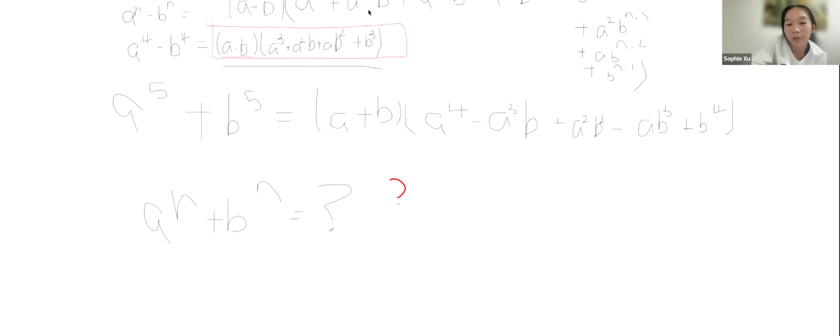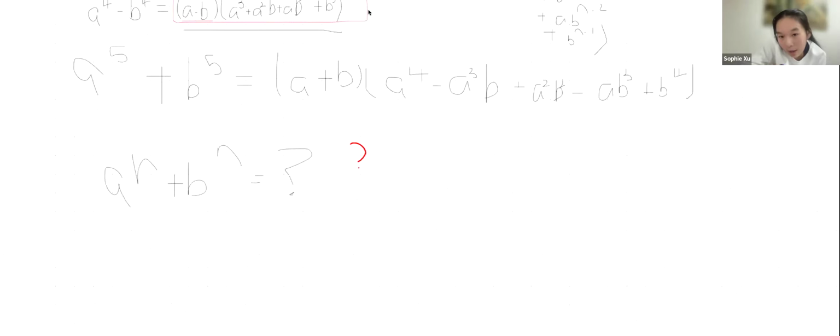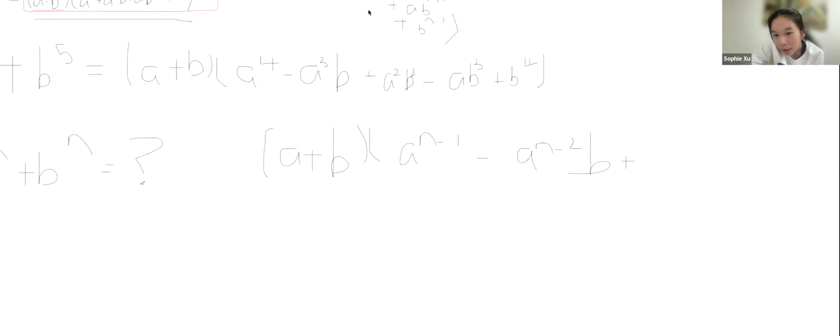Well, I'll give you the formula first. It's a plus b, and then a to the power of n minus 1, minus a^(n-2) b, plus a^(n-3) b squared.